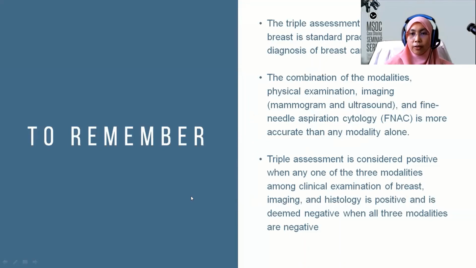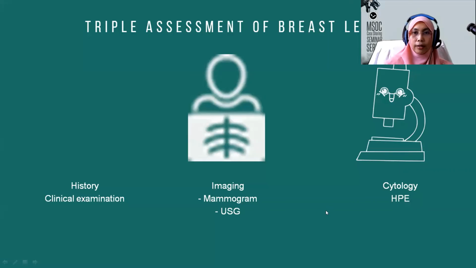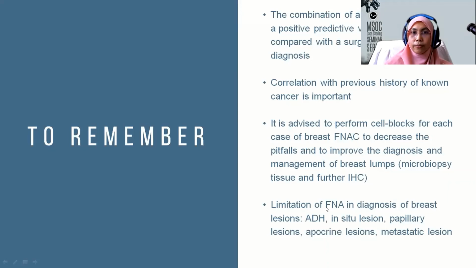Triple assessment is considered positive when one of the three modalities among clinical examination, breast imaging, and histology is positive, and is deemed negative when all three modalities are negative. Okay. So lastly, the combination of all the modalities gave a positive predictive value of 100% compared with the surgical pathological diagnosis. Correlation with previous history of known cancer is important.